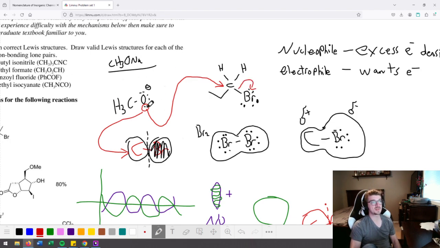And so when this happens, you can't have more than 8 electrons around a carbon at any given time. So when we form a bond by using this electron pair from the oxygen to form a bond with the carbon, it must break one of the other bonds around the carbon, and it can do so with this carbon-bromine bond.